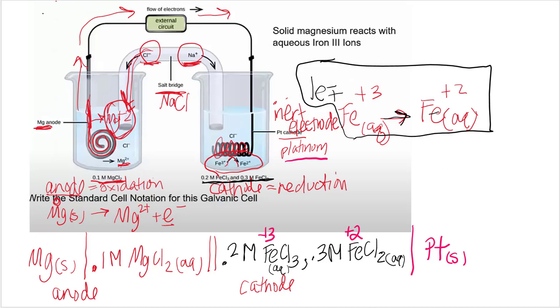All right, now let's look at this more as a whole, looking at the two half reactions and then looking at a complete redox reaction and making sure that everything is balanced.